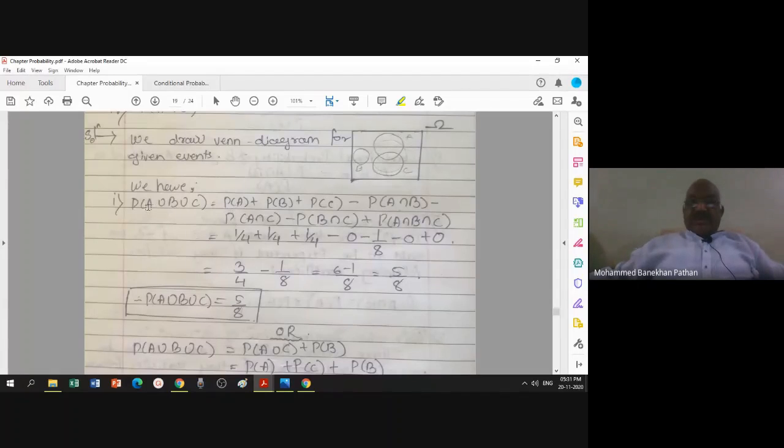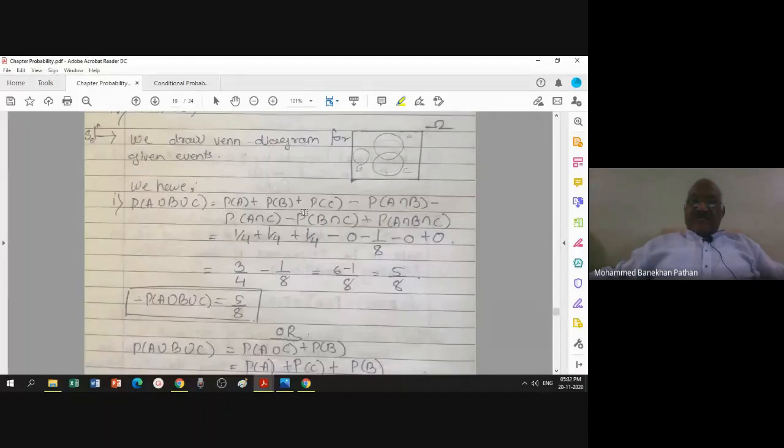So probability of A union B union C will be P(A) plus P(B) plus P(C) minus P of A intersection B minus P of A intersection C minus P of B intersection C plus probability of A intersection B intersection C. This is your statement.